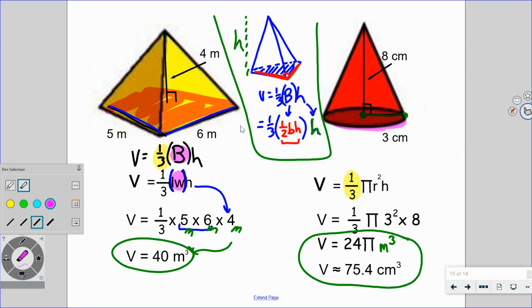Both have a height. Both have 1, 2, 3 dimensions. Radius times another radius times a height. Some people even write 3 times 3 times 8. Big difference here, ladies and gents.